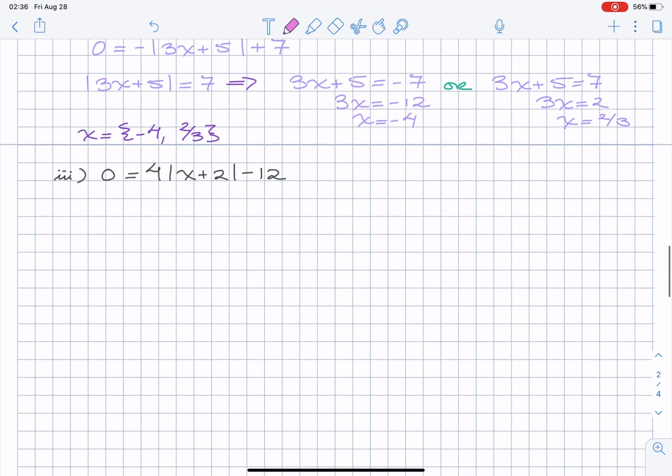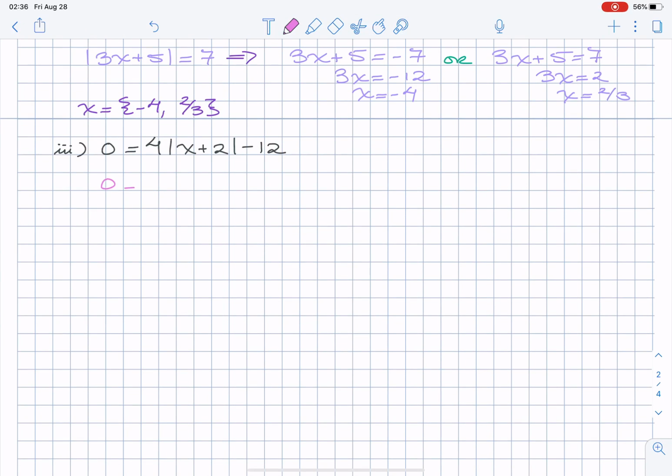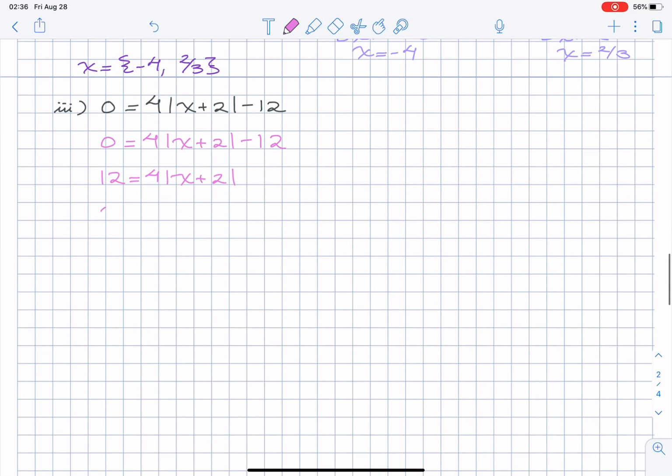Okay, so what do we have? We have 0 is equal to 4 times the absolute value of x plus 2 minus 12, which means that 12 is equal to 4 times the absolute value of x plus 2. Dividing by 4, we get that 3 is equal to the absolute value of x plus 2.